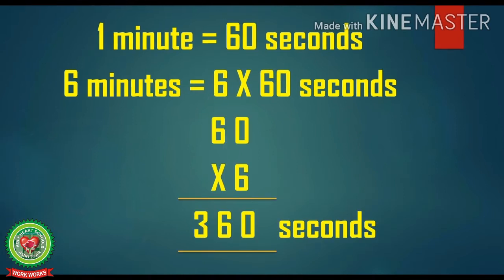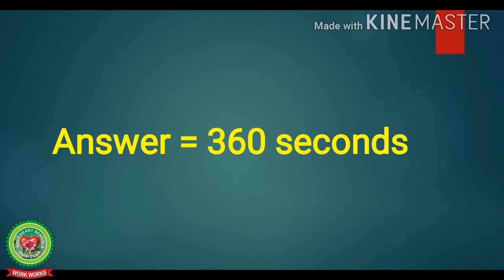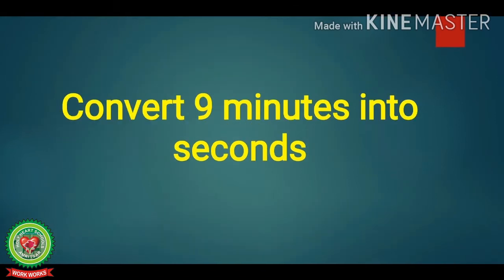So, when we multiply 60 by 6, we get the answer as 360 seconds. So, kids, when we convert 6 minutes into seconds, we get the answer as 360 seconds.